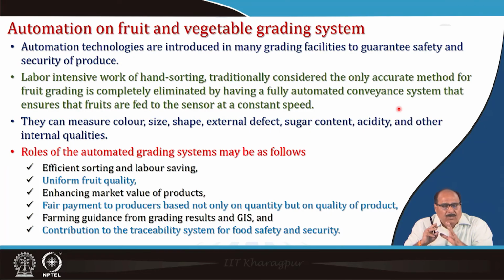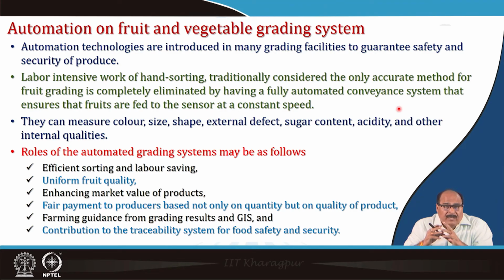Automation of fruit and vegetable grading systems is very important. It is becoming more and more important, and industries are coming forward to use it, because it facilitates grading and guarantees the safety and security of the produce. It is less labor intensive.